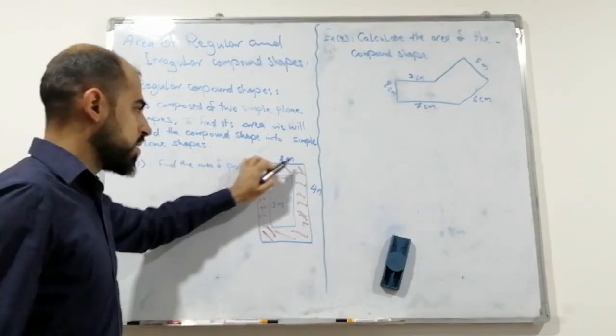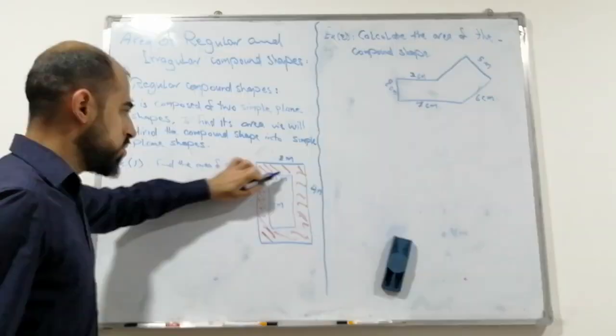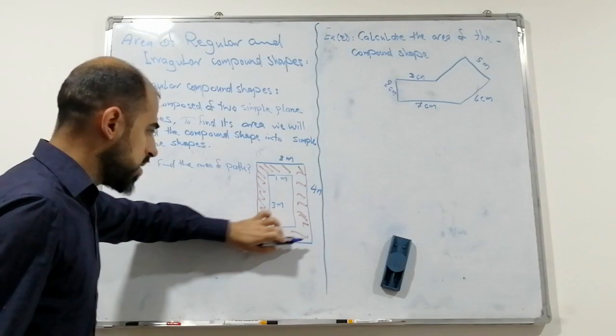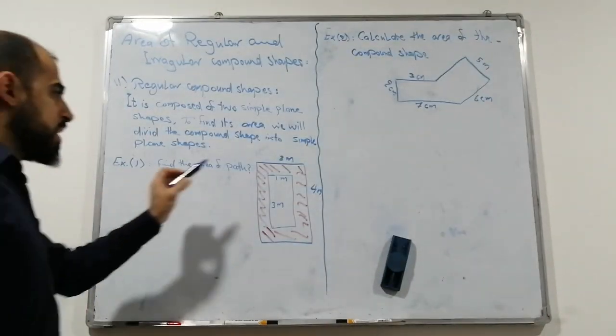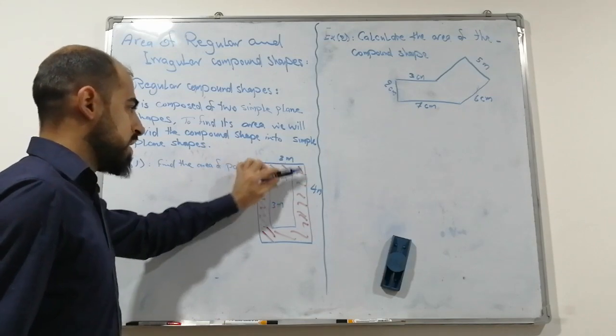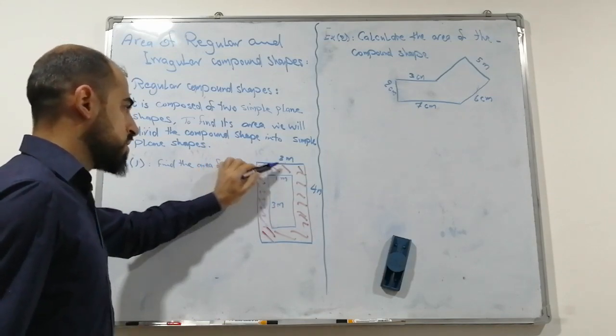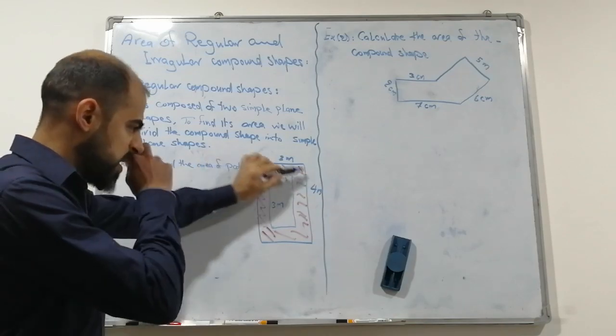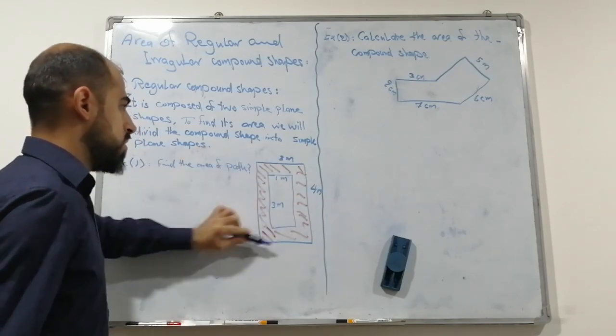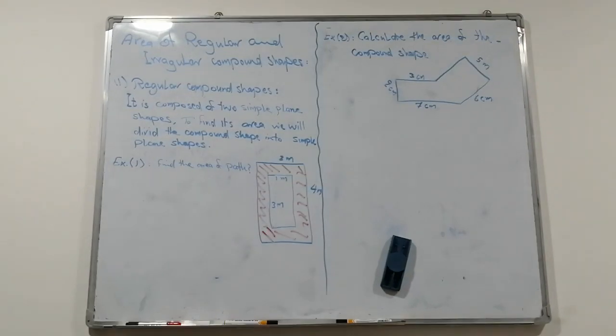Then find the area of the big rectangle, including the small one. That means all this is the big rectangle. To get the area of the path, we subtract the area of the small rectangle, which is the pool, from the area of the whole place, the big rectangle.